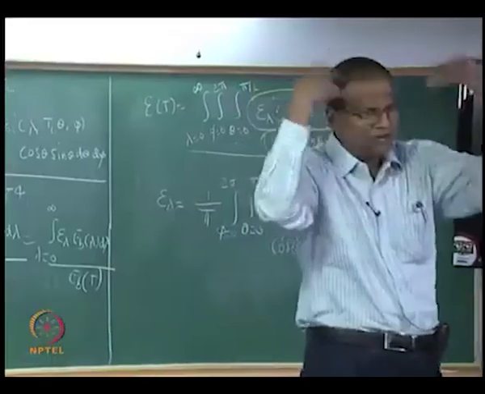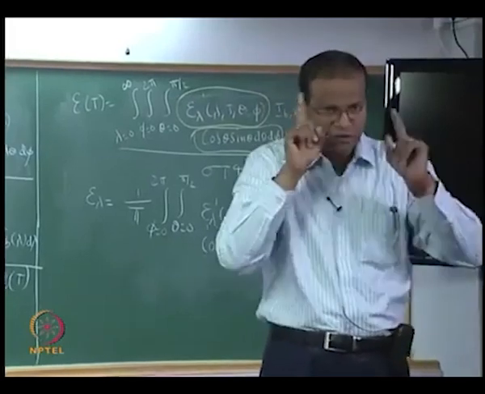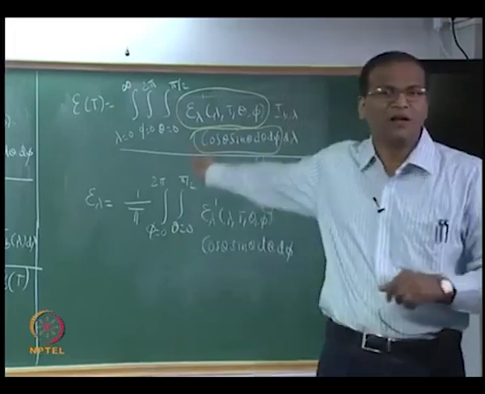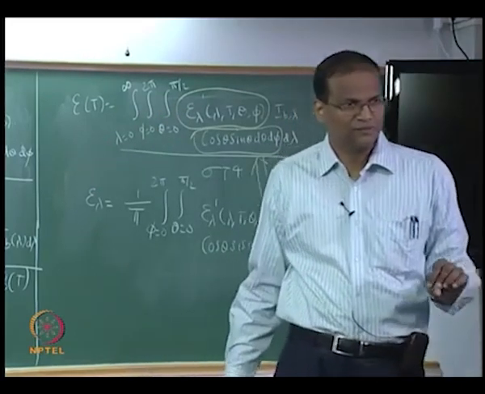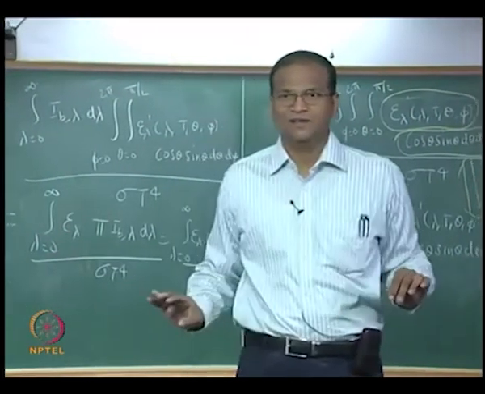Geometry doesn't come at all. There is a surface with spectral directional characteristics. We must first know how to characterize the surface. The other stories will come. Geometry will come, but we have not even come to that stage. First you get epsilon, then you talk about other stories. There is so much drama in converting it to epsilon itself. It is very important that you realize that so many things are involved.